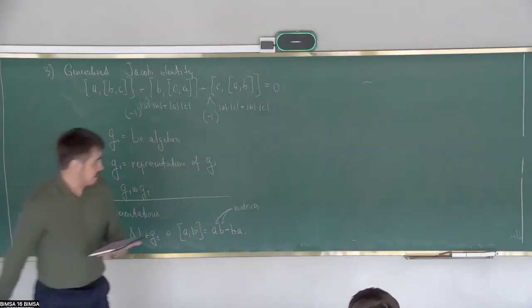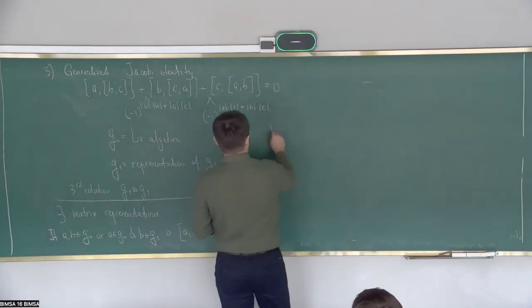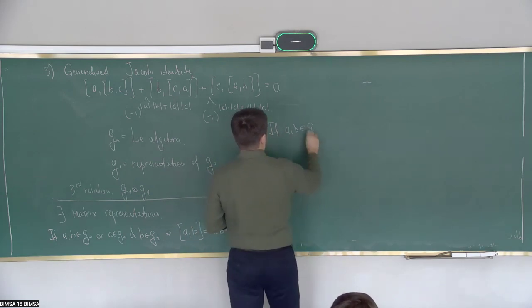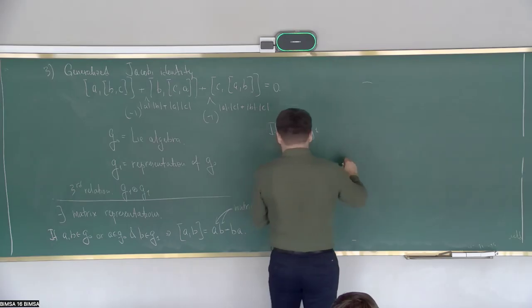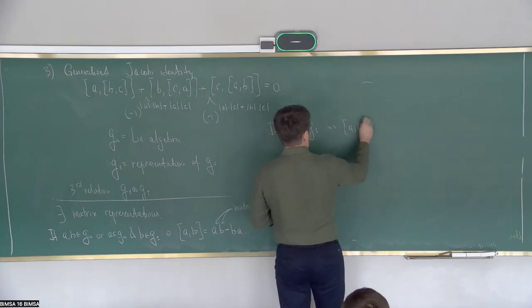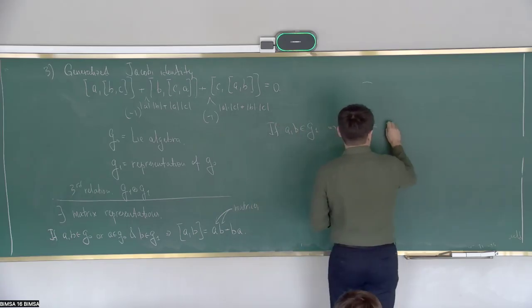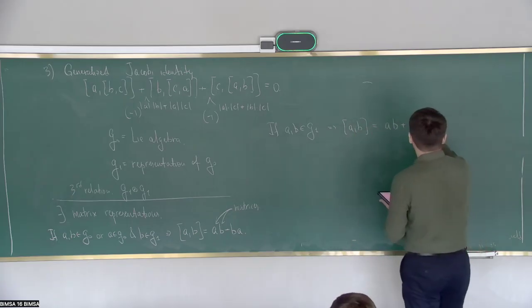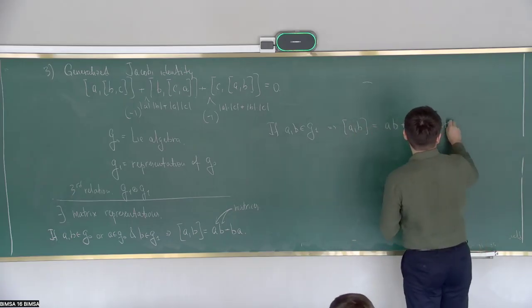And on the other hand, if A and B belong to G1, then the generalized commutator is an anti-commutator, so AB plus BA. So this is another commutator.